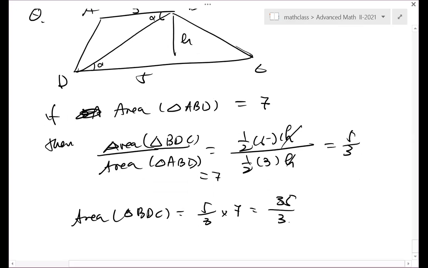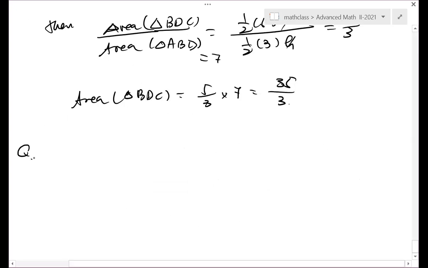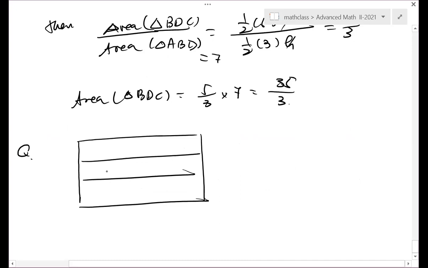Right. My next problem is, I have a rectangle. I have a square there, then a 1, 2, 3, 4, 5, 6 here, 1, 2, 3.